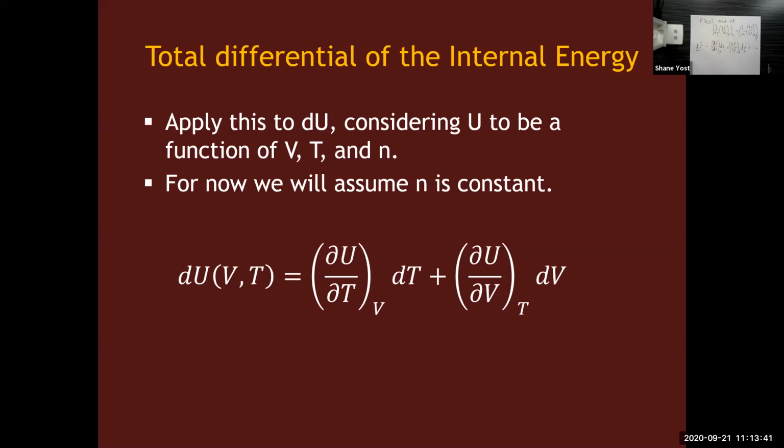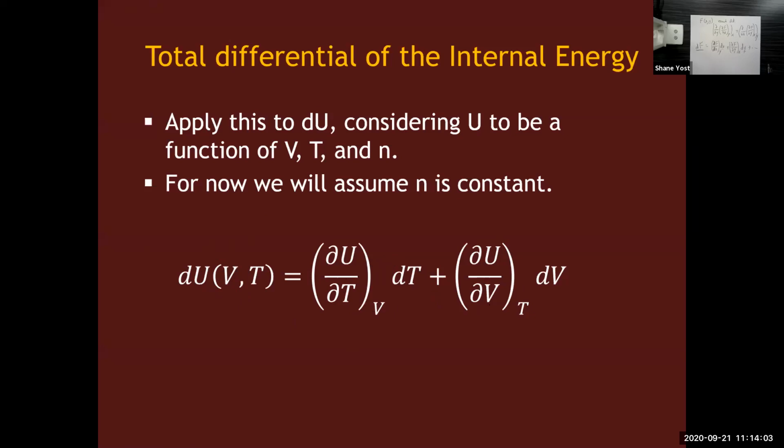If we think of internal energy mainly as a function of volume and temperature, some change in internal energy is related to how the internal energy changes with temperature times some change in temperature, plus how the internal energy changes with volume times some change in volume. It's the same type of relationship we've come up with before.